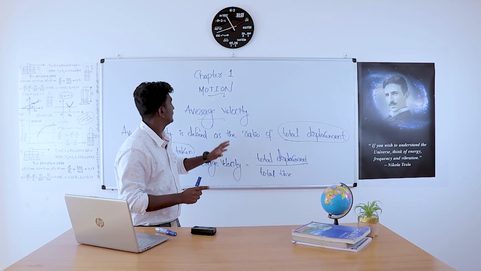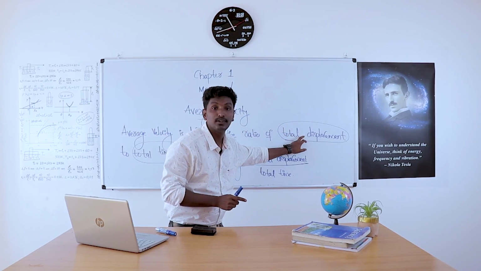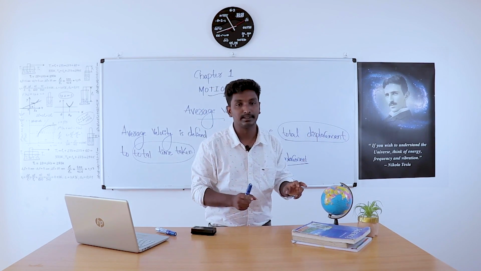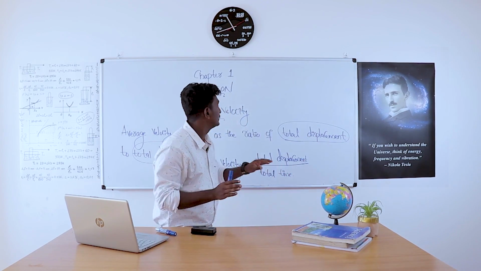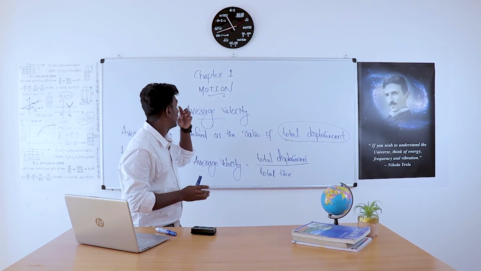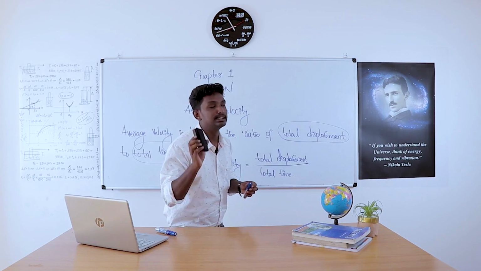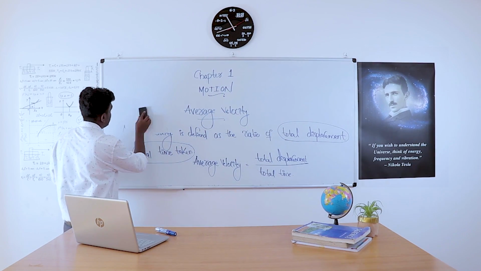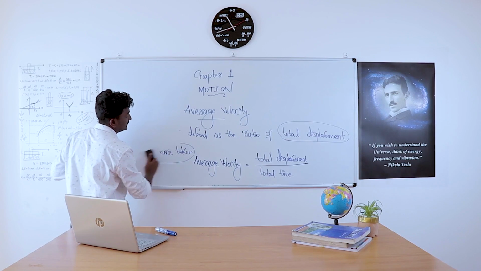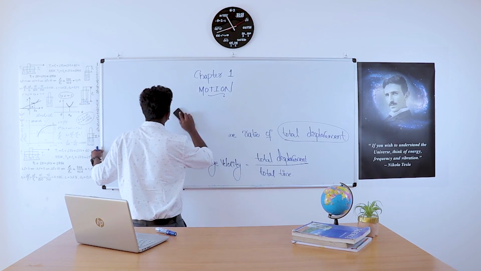If you are asked to find average velocity, then you have to find the total displacement. Don't be confused. For average velocity, we need total displacement, and for average speed, we need total distance. This is the difference between average speed and average velocity.